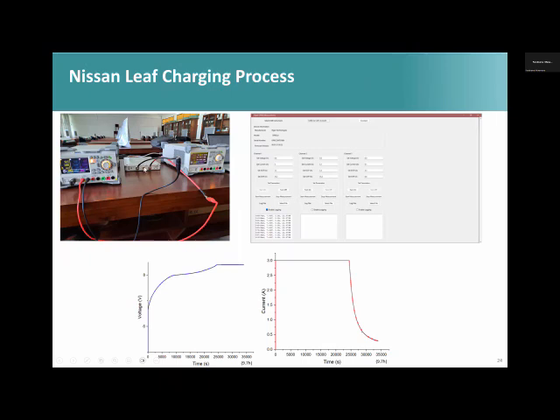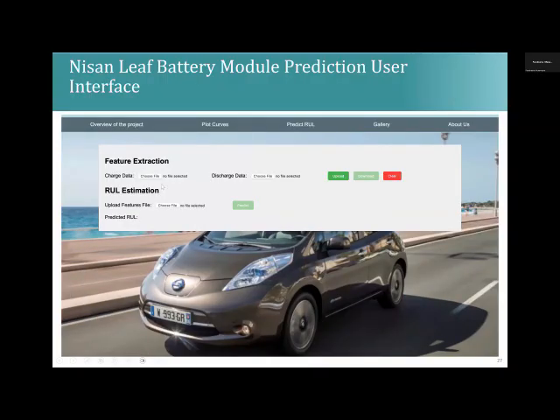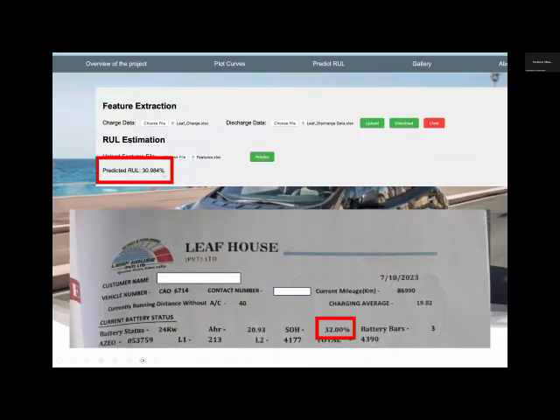Nissan Leaf 1 battery cells over here, and the BMS system said 32% remaining lifetime of the battery. When we did the battery test in our lab, our AI model predicted 30.984, where the BMS system installed in the car says 32%, which is very close.